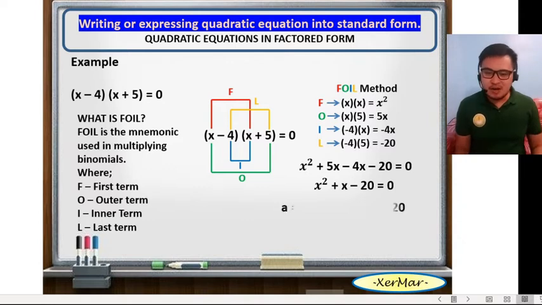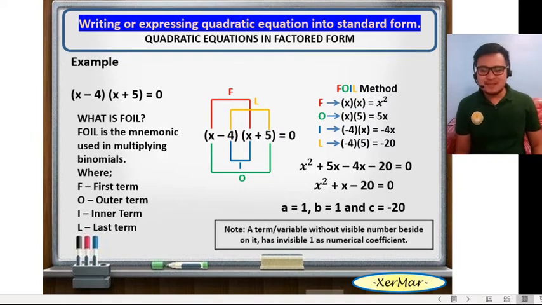That is now our standard form, wherein a is equal to 1, b equals 1, and c equals negative 20. Take note, a term or a variable without a visible number beside it has an invisible one as its numerical coefficient.